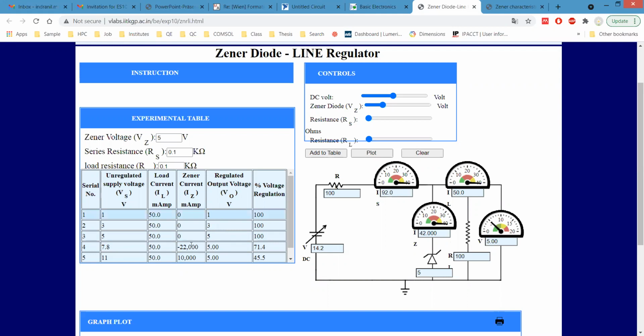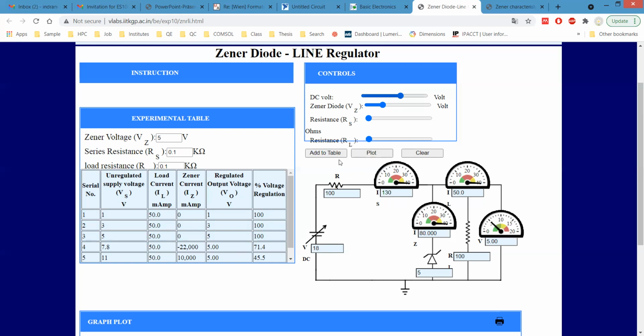That is what I told you: beyond this voltage, the voltage across the load will be constant. But below the breakdown voltage, say we selected 5 volt as breakdown voltage, below it the voltage is not constant at 5 volt. We are going to design a 5 volt voltage source, which is why we have applied the 5 volt Zener diode.